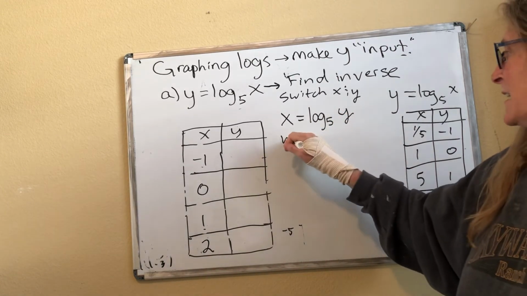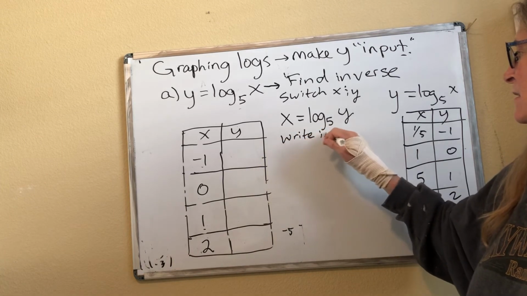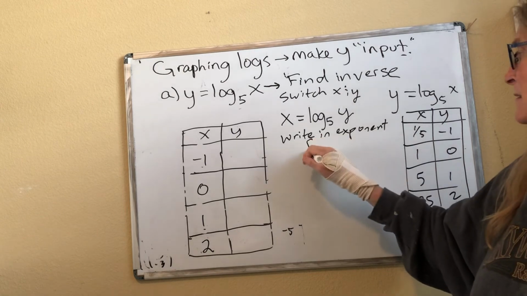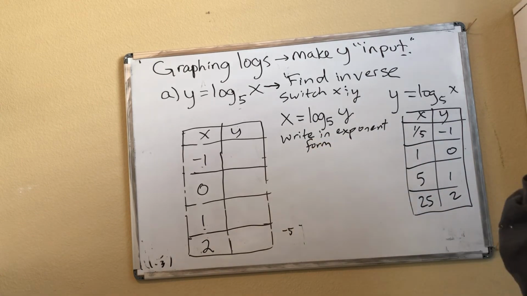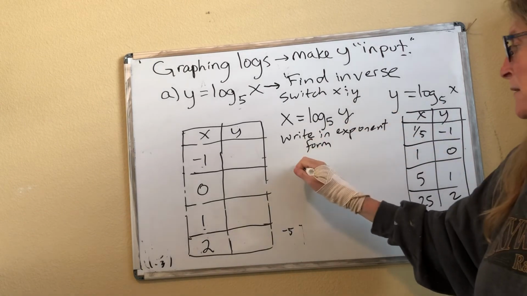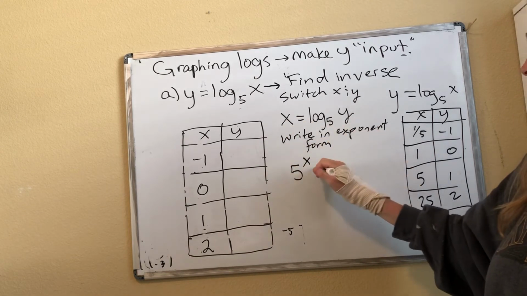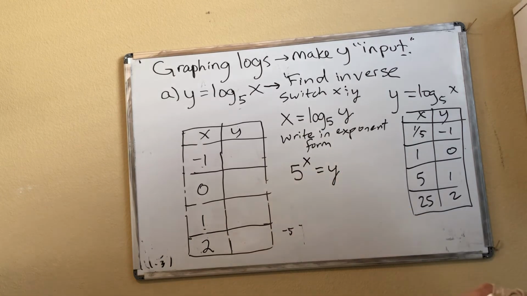Now we're going to write it in exponent form, like we did in the previous video. If I write it in exponent form, there's my base, there's my exponent, and the y is on this side.